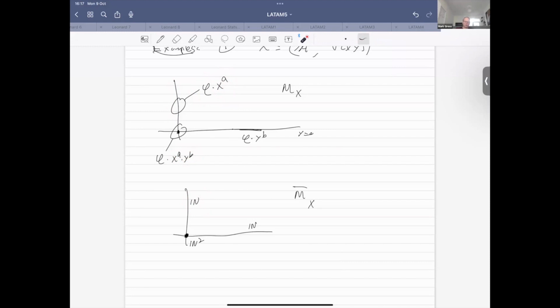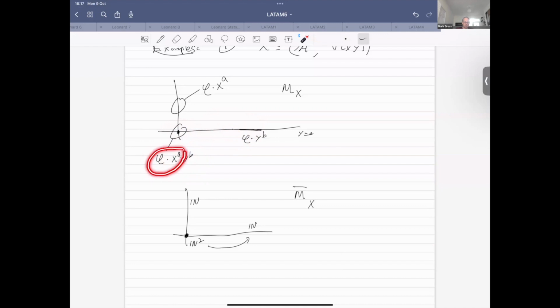And if we think about the generalization, if you have a generic point of one of these axes, you get a map to N. You can think about this much more easily at the level of M_X. Think about this function and restrict it. So this is defined in some neighborhood here. Restrict it to the generic point of this axis. Well, x is non-zero generically, so x^a becomes an invertible function in a neighborhood of that generic point.